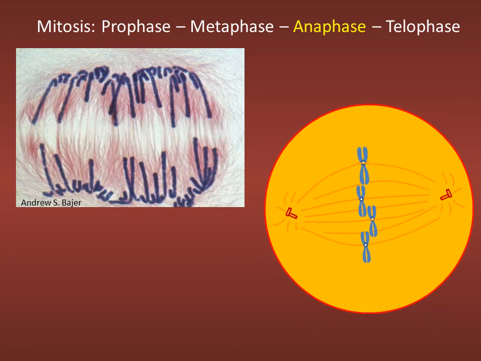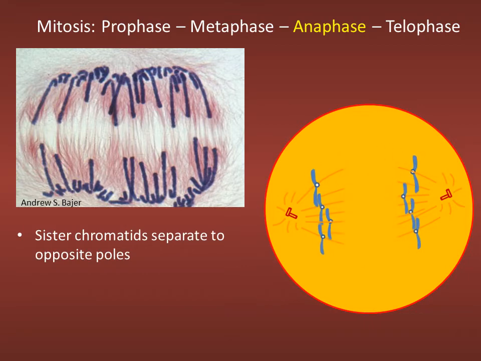Anaphase. Anaphase is characterized by the sister chromatids separating to opposite poles, as you can see here. Recall that each of those pairs of sister chromatids were exact copies of each other. So one copy goes to one side of the cell and the other copy goes to the other side. In that way, we can be assured that the eventual cell that forms here will have one set of chromosomes, and the cell that forms here will have exactly the identical set of chromosomes.